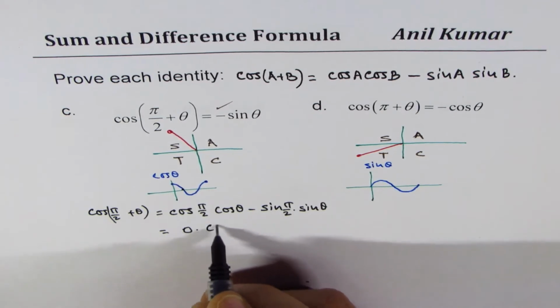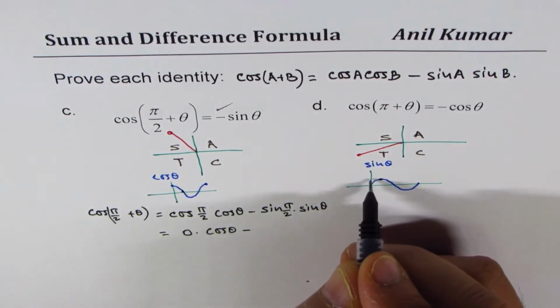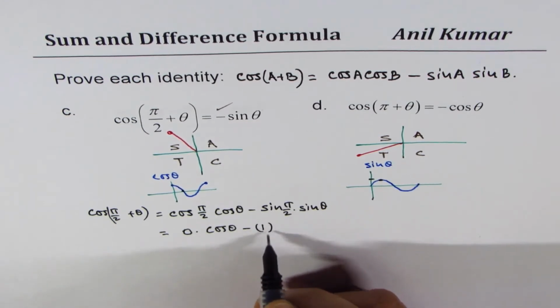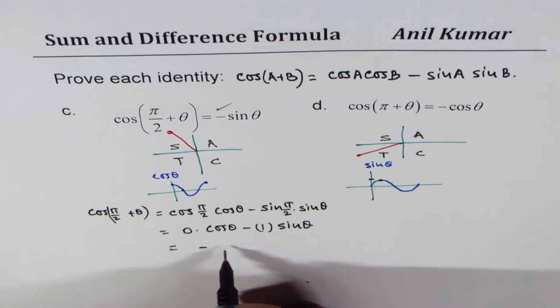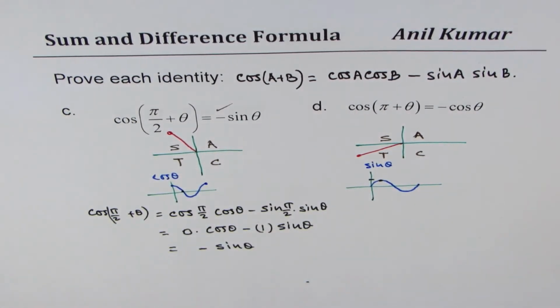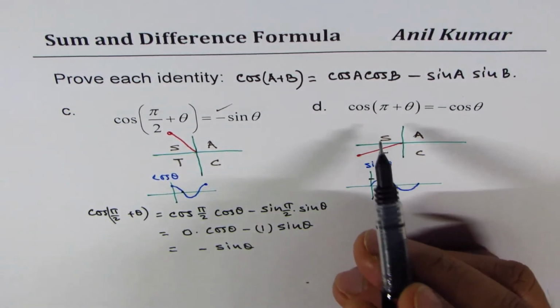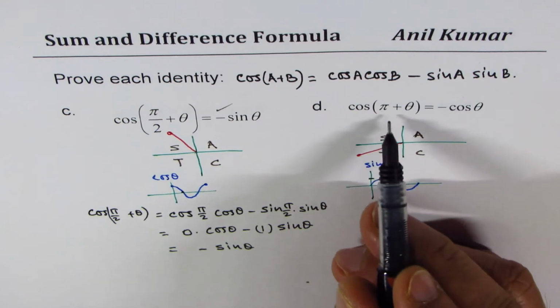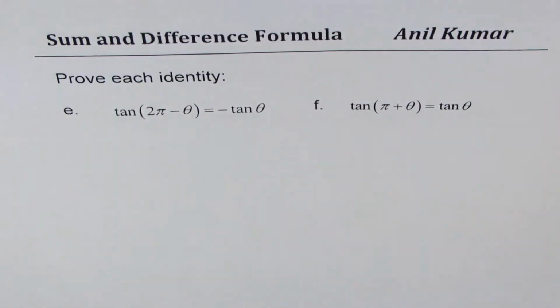So it is 0 times cos theta minus sine pi by 2, which is plus 1, so it is 1 times sine theta, and that is equal to minus sine theta. So that is how it is to be done. You could apply the same method here and try yourself whether cos pi plus theta gives you minus cos theta or not, correct? Okay, let's move on.